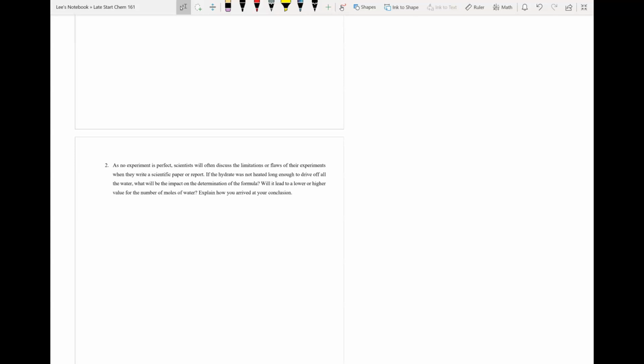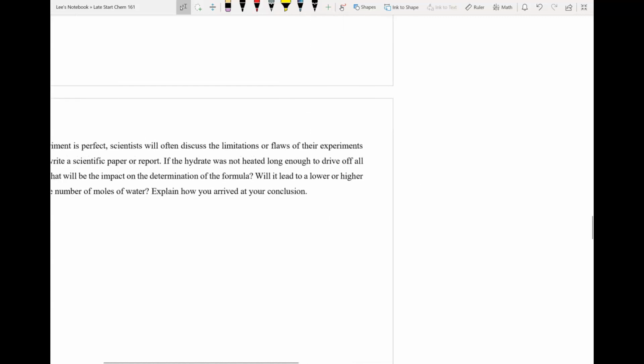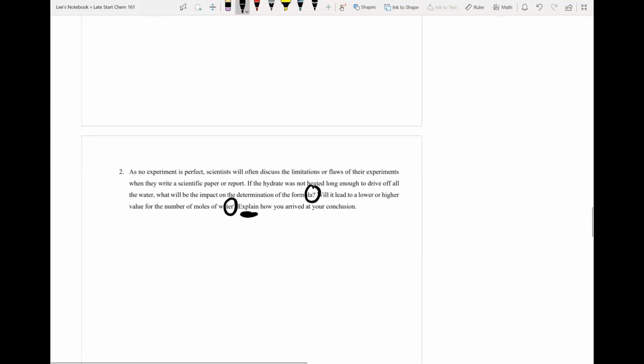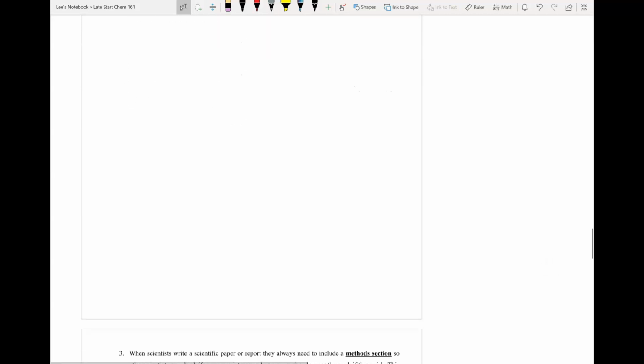I always prompt people when you're answering a question like this, look for the question marks, right? And then it says explain, so you need to be very deliberate in how you explain. You want to make sure you answer all of the parts of the question and also give an explanation as to how you arrived at your answer.